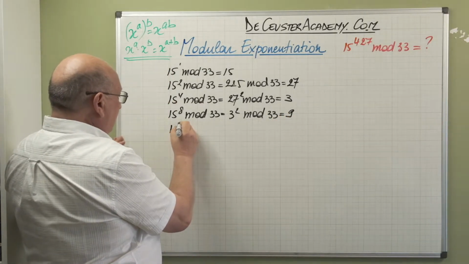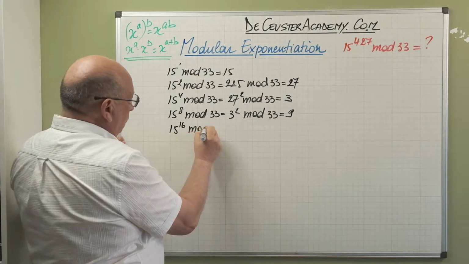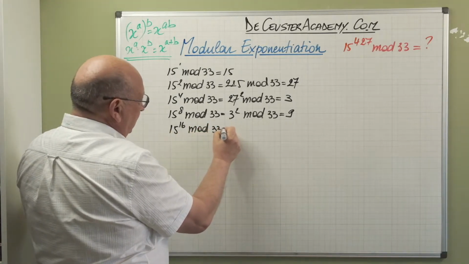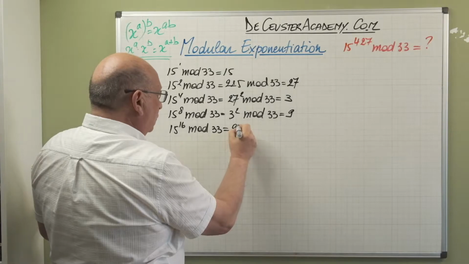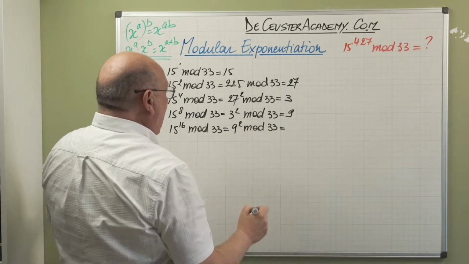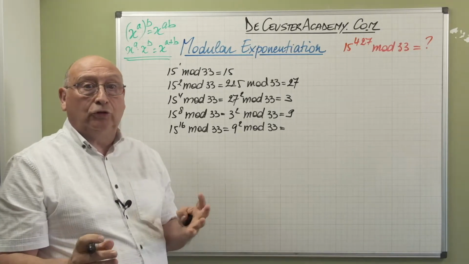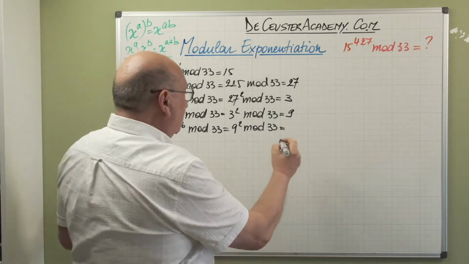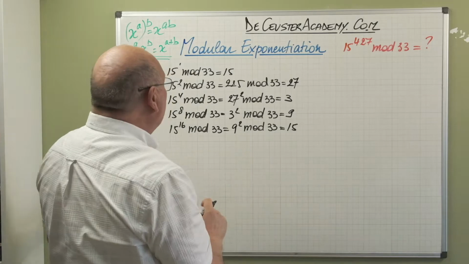Then we have 15 to the 16 power modulus 33 is 9 to the square modulus 33, and 9 to the square modulus 33 is equal to 15 again.